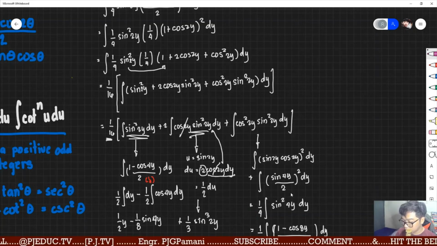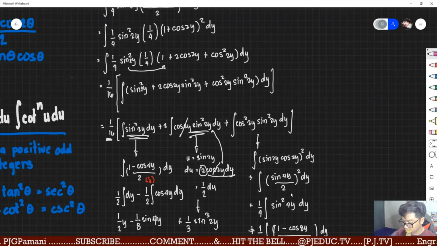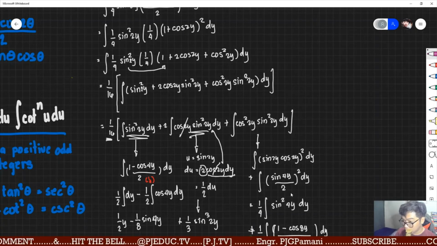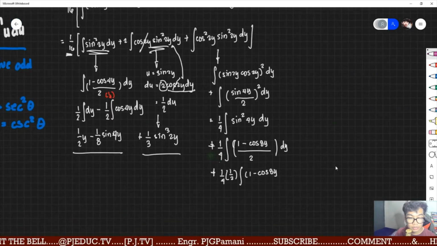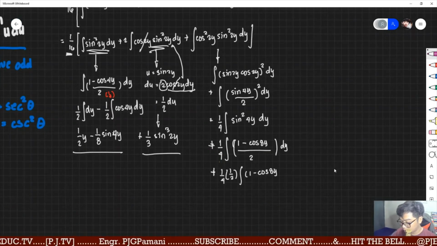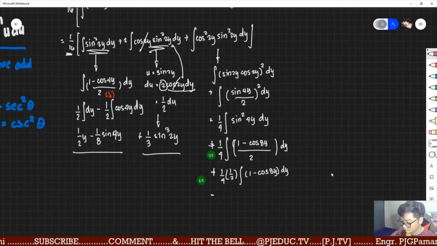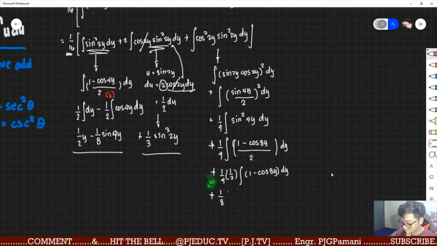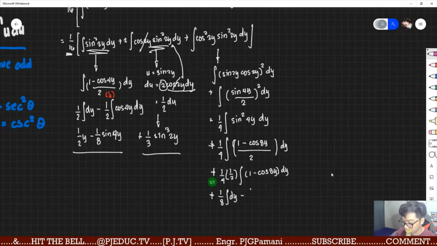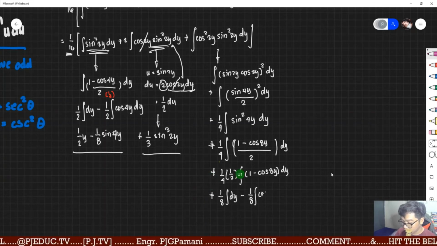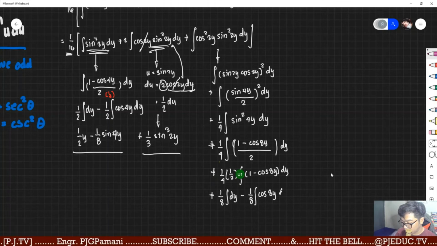Labas ulit natin si constant. 1/4 times 1 half. Integral of 1 minus cosine 8y dy. That is now 1/8 of integral dy minus 1/8 of integral cosine 8y dy.